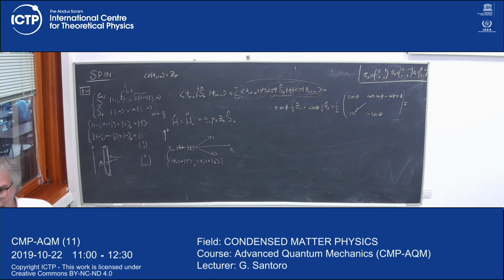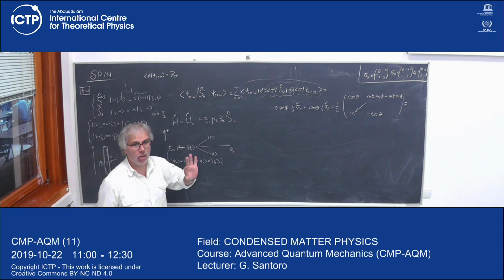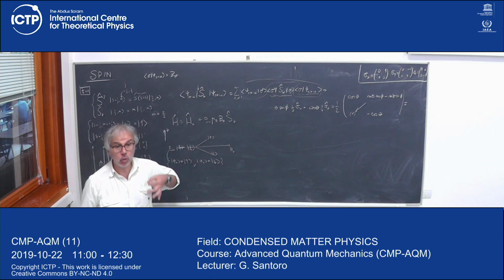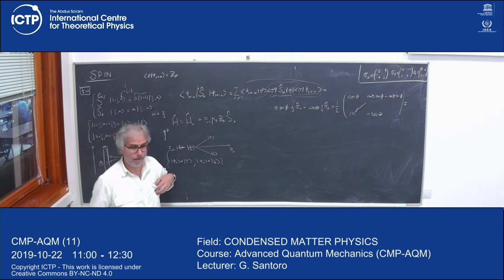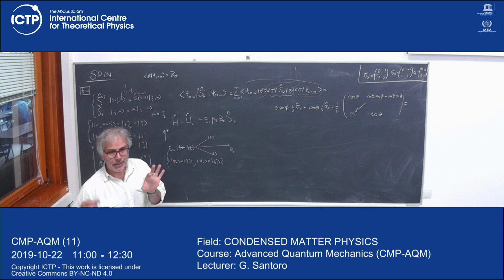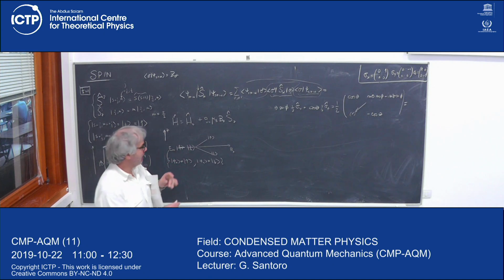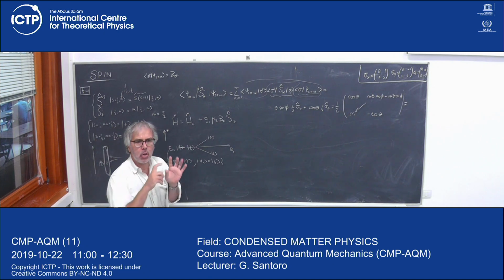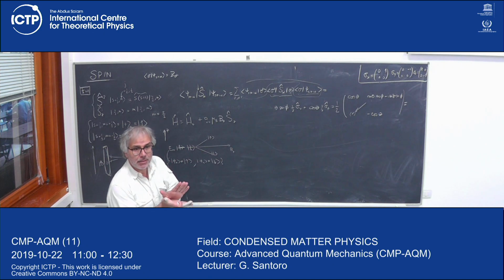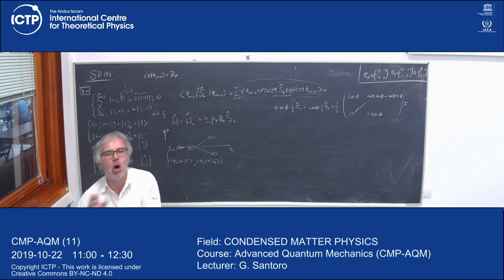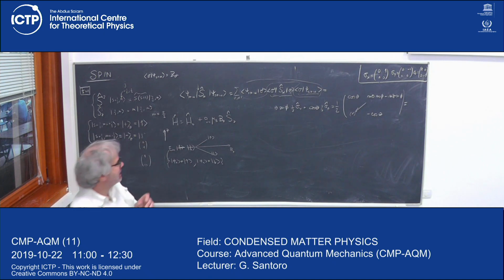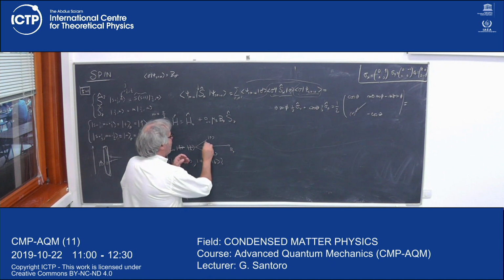You put the magnetic field, you create a Zeeman splitting of spins of nuclei, not electronic, spins of nuclei in your body. And then you send a radio frequency. These are very, very small splittings of levels. They require very low frequency things to excite one up to there.